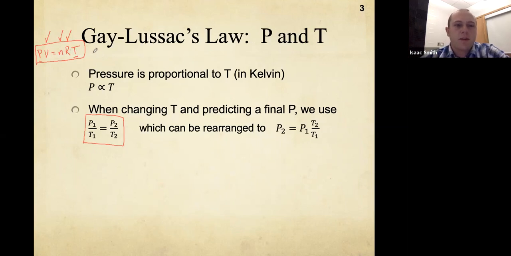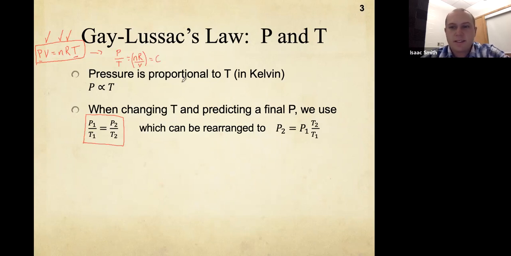So if we're doing that, we could rearrange this equation and say P divided by T equals nR divided by V, right? And we could just say nR divided by V is some constant C, because these are all constants.